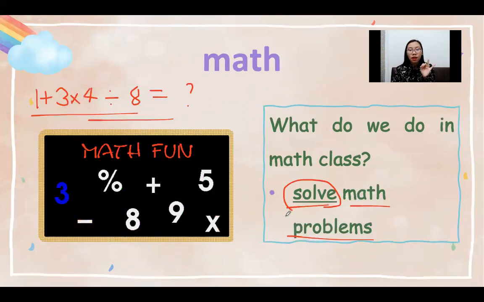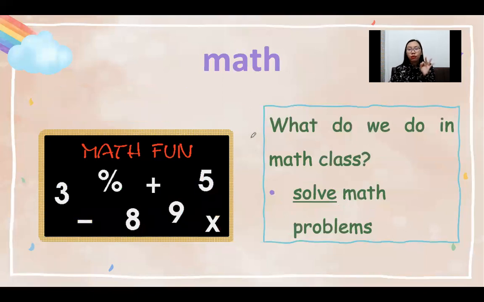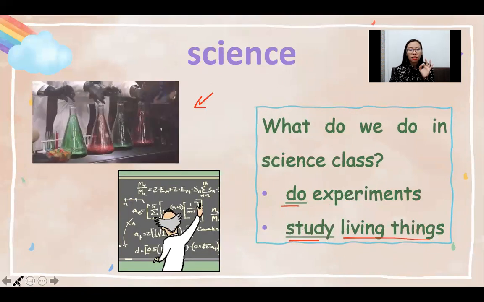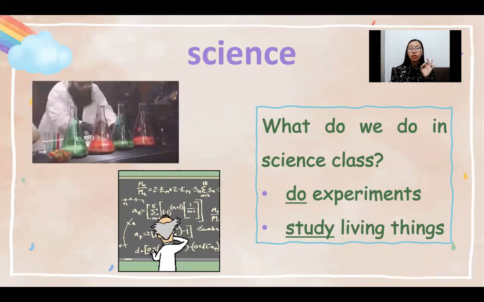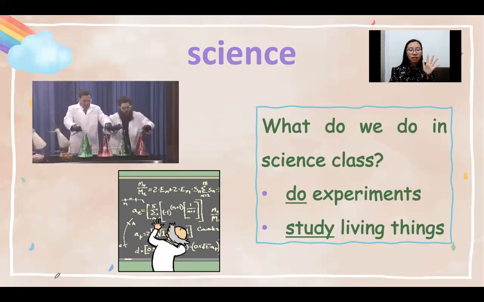Math, the underlined word is solve. Very good. Next, what do we do in science? What are the underlined words? Do and study.